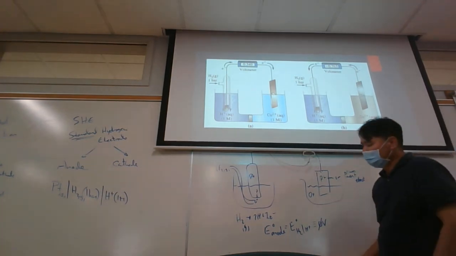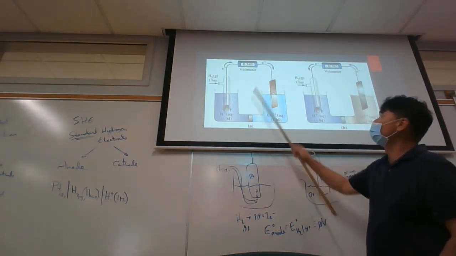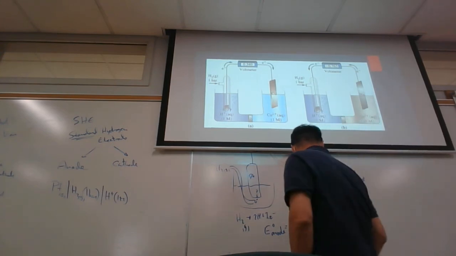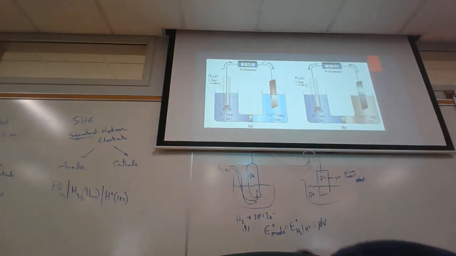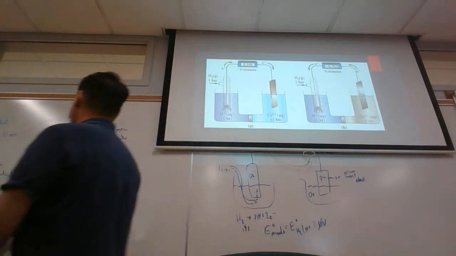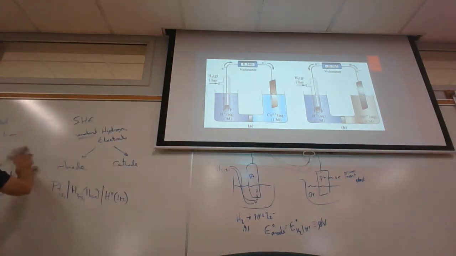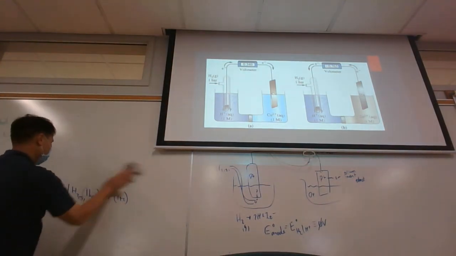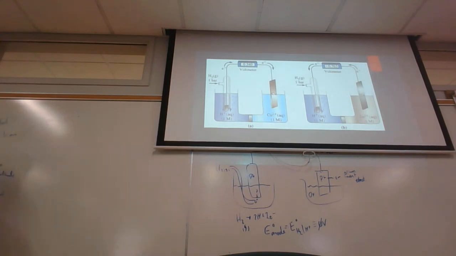So the cell potential here is 0.34 volts. And the cell potential here is just equal to the anode potential plus the cathode potential. If we call the anode potential 0, then that's it.